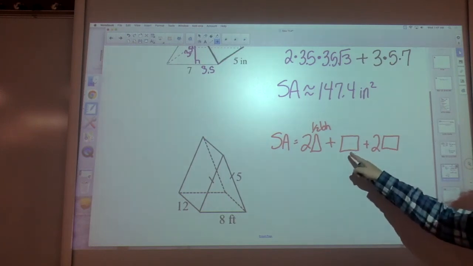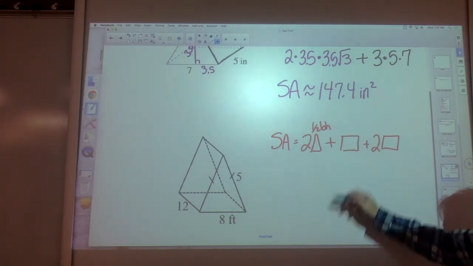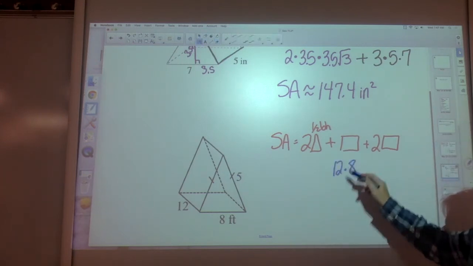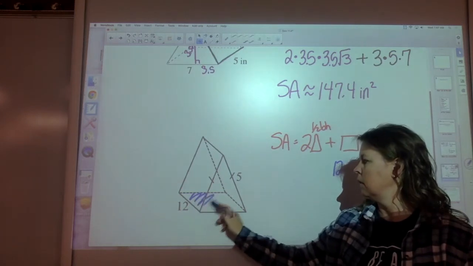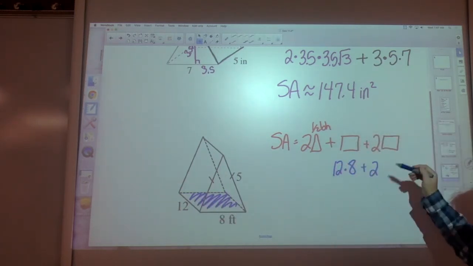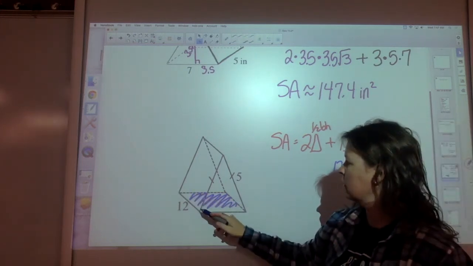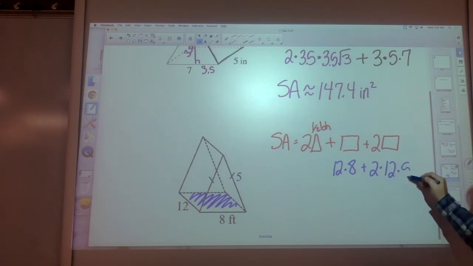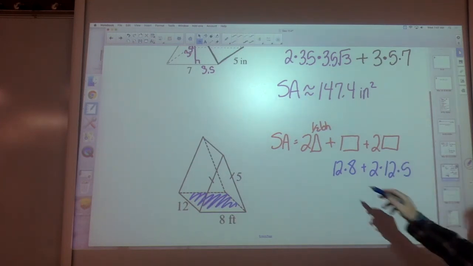Let's start with those, because they're a little bit easier. We can do the 12 by 8. That takes care of the bottom, right here. And then our other sides, we've got 2 of those, and they are 12 by 5. So there are your 3 rectangles going around.